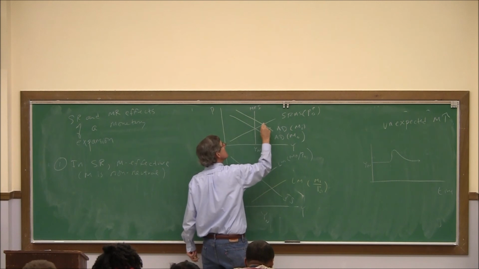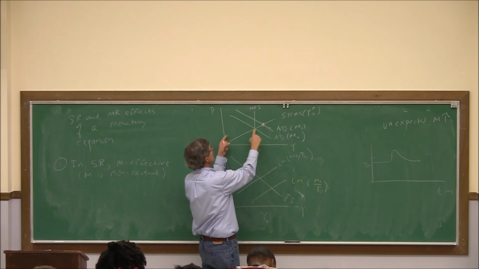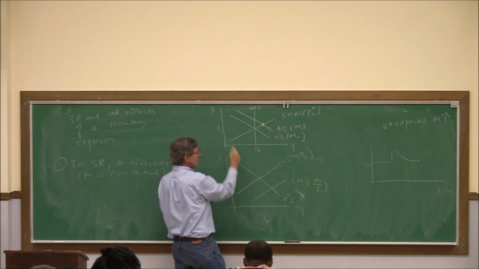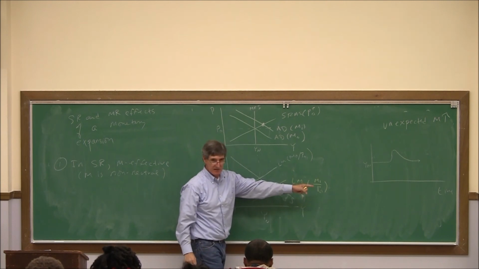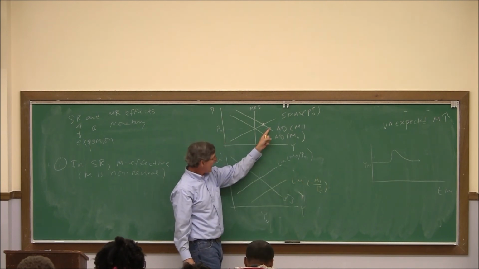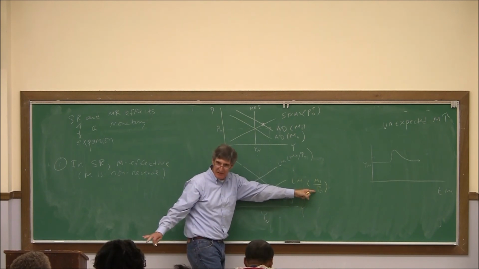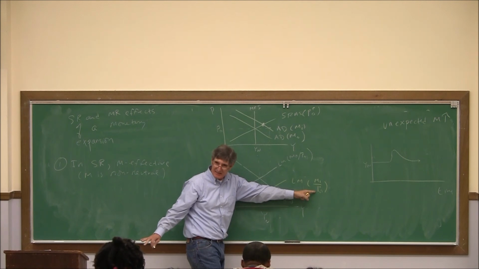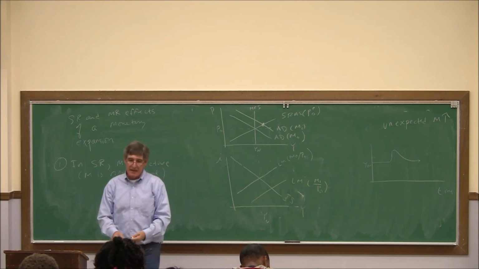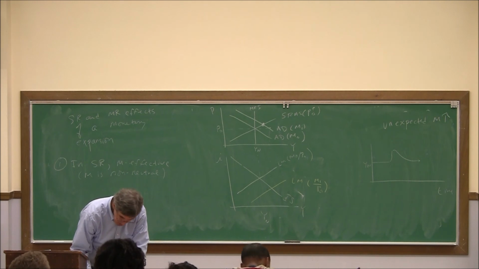Our new point is right there, because this is P0, price hasn't changed. So this is the output you would get if price was at P0. Price doesn't stay at P0. That tells you how to shift the curve. You see that? Now the price goes up to P1.